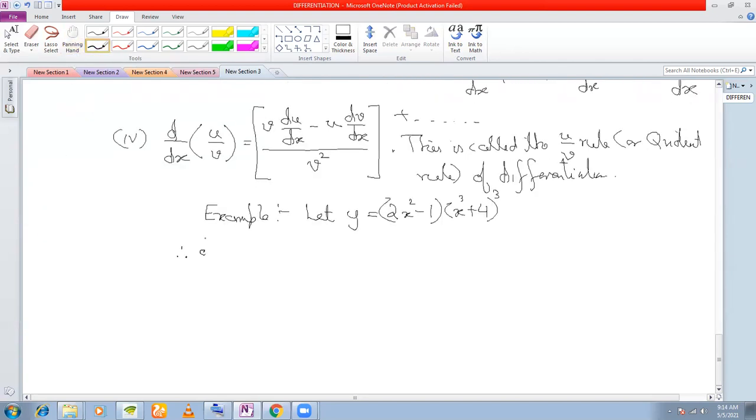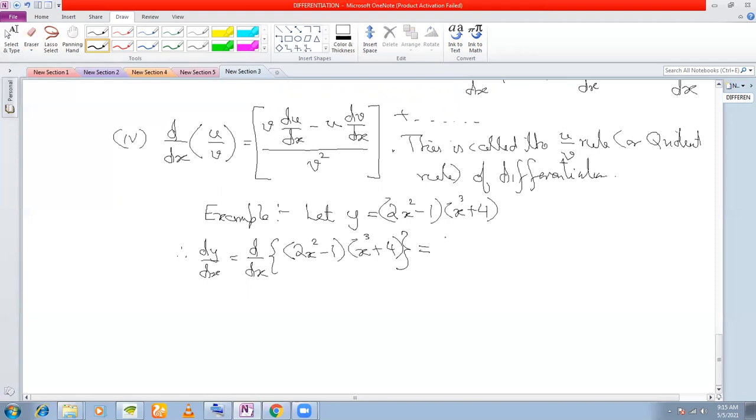So what should be dy dx? dy dx is equal to d/dx of, we'll use U into V rule here, 2x square minus 1 into x cube plus 4. Let us not take the whole cube. Let us take it simply. So y is equal to 2x square minus 1 into x cube plus 4.